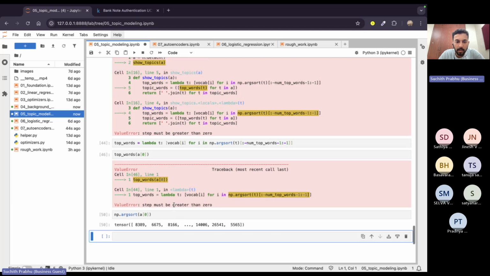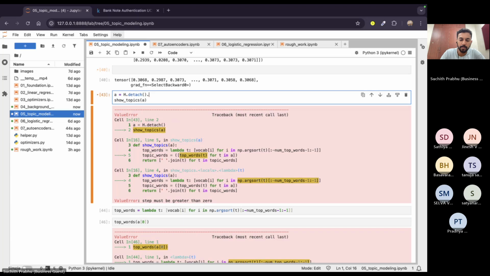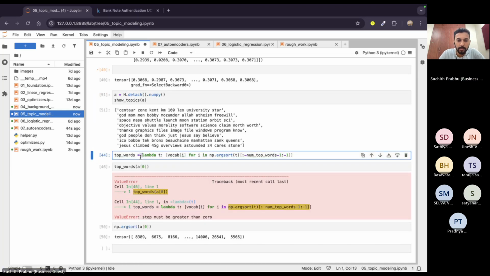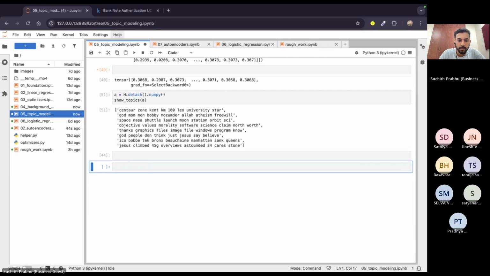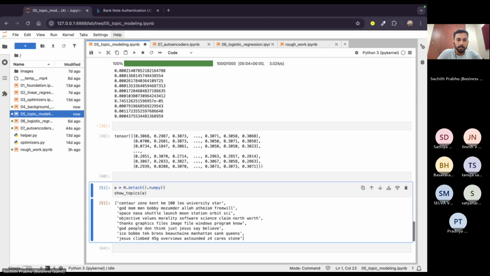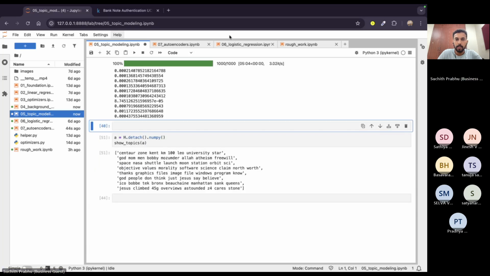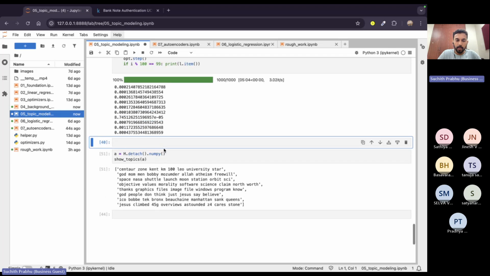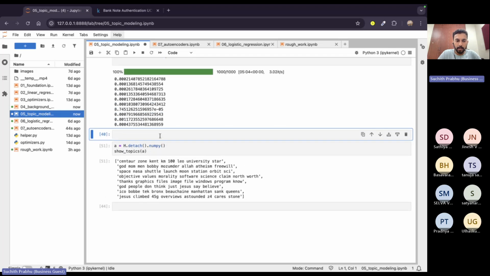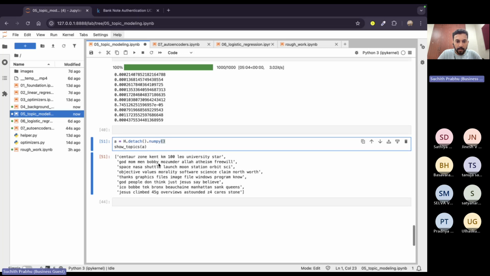Okay, because it's a tensor. Because it was a tensor over there, we're not able to use a negative step size, but after converting to a numpy array, it works.